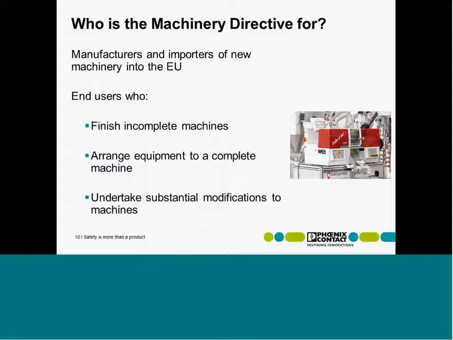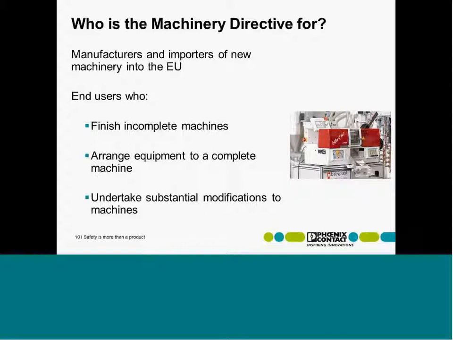When we focus on the machinery directive, we have to talk about who is addressed by this directive mainly. And of course, it's manufacturers and importers of new machinery placed for the first time into the European community. But also users might be addressed, for example, those who are finishing so-called incomplete machinery.